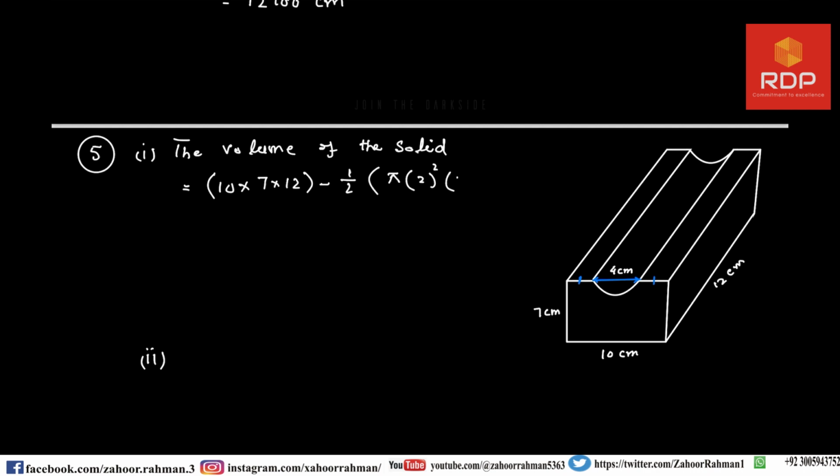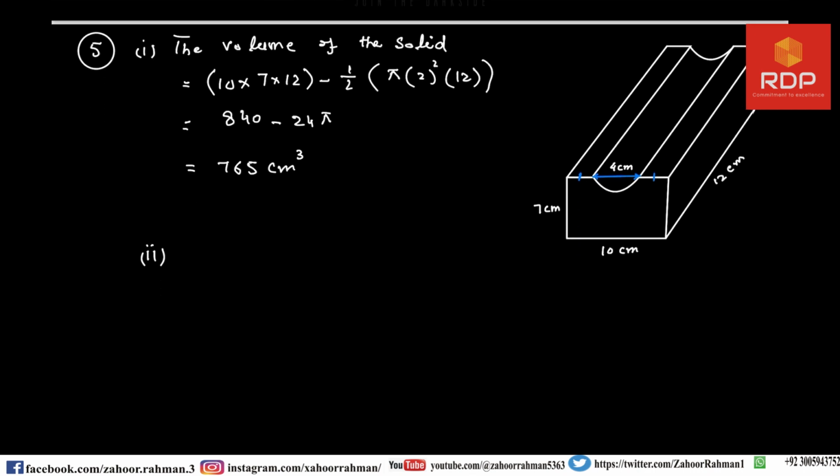So here r is 2 and h is 12, and when we insert the values it will be 840 minus 24 pi, and the final result I already calculated for you, centimeter cube. You can confirm from your own sources, either by computer or calculator. So that was the first part, the volume.